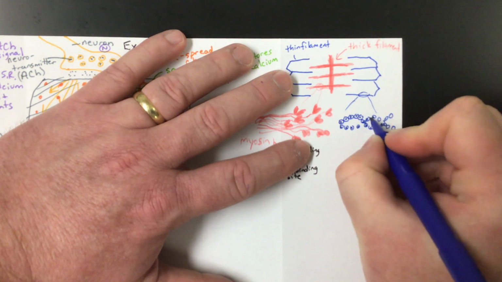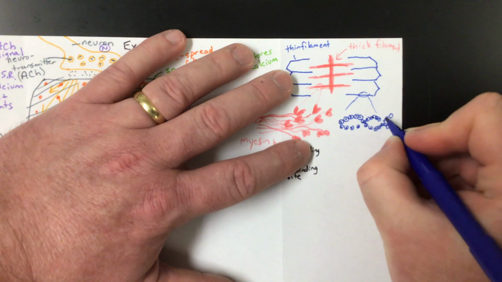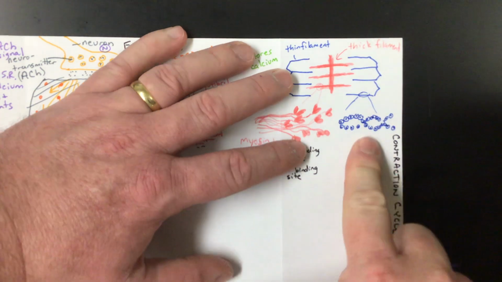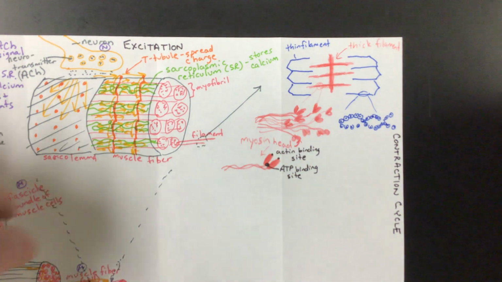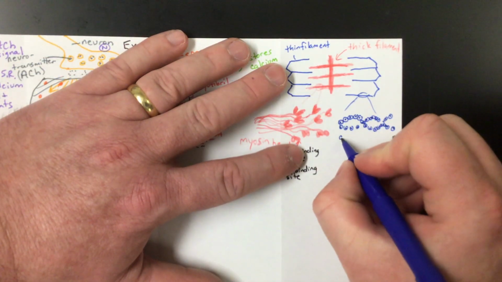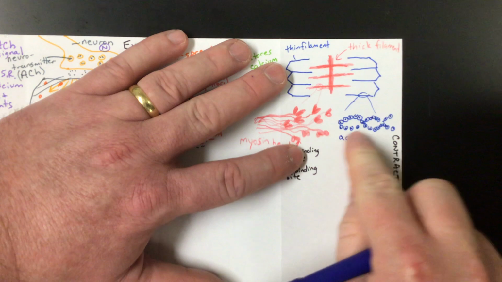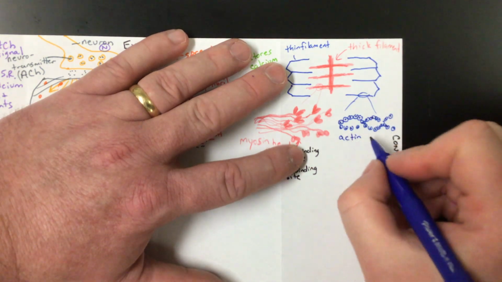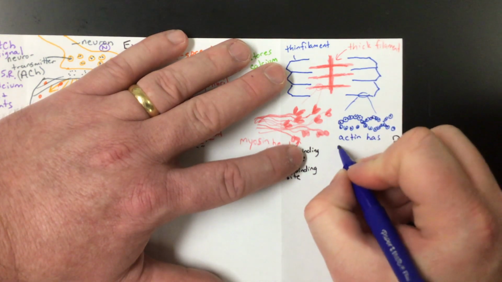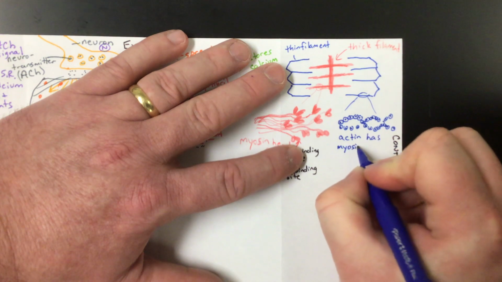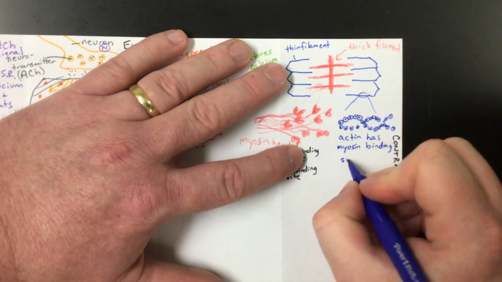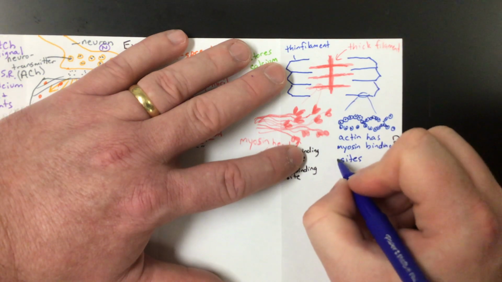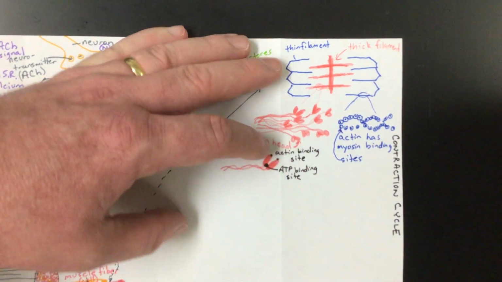And that dot represents the area where myosin is going to want to bind. The head is going to want to bind right there. So this is an actin thin filament, and those have myosin binding sites, which are these dots right there.